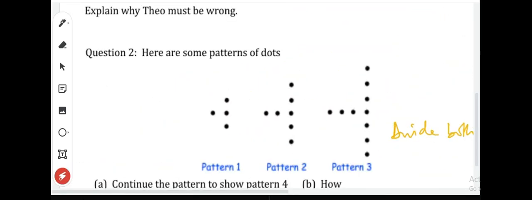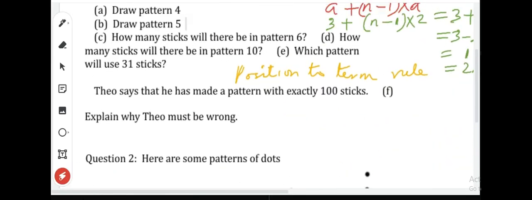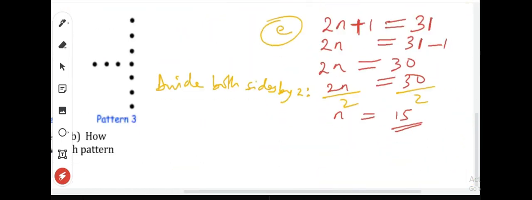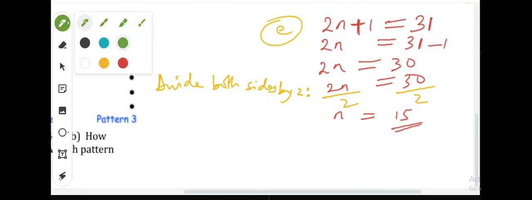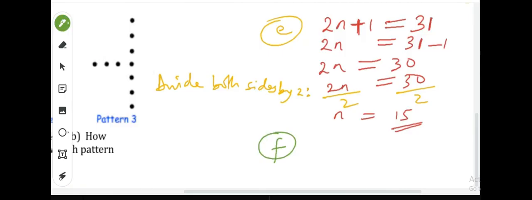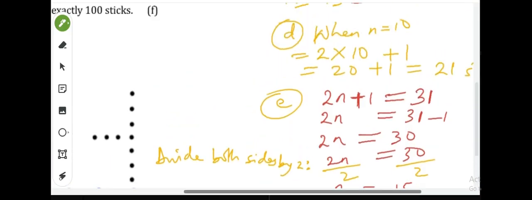Now another question says, Theo says that he has made a pattern with exactly 100 sticks. Explain why Theo must be wrong. That's F. We say 2n plus 1 equal to 100, because it says 100 sticks.